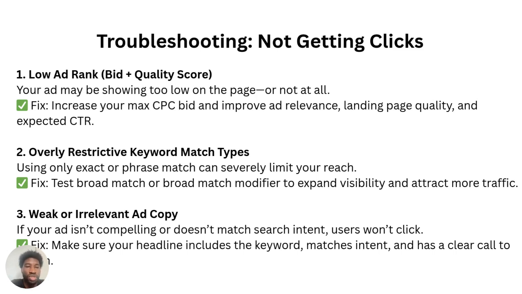All right. So the second issue is you might be having overly restrictive keyword match types or keywords in general. For example, if you're targeting the keyword DSCR loans ready to close right now, you're going to have super low search volume, right? So you're looking for high intent, but you have to keep in mind how many people are actually searching for those keywords, and you can see that in the keyword planner, right?